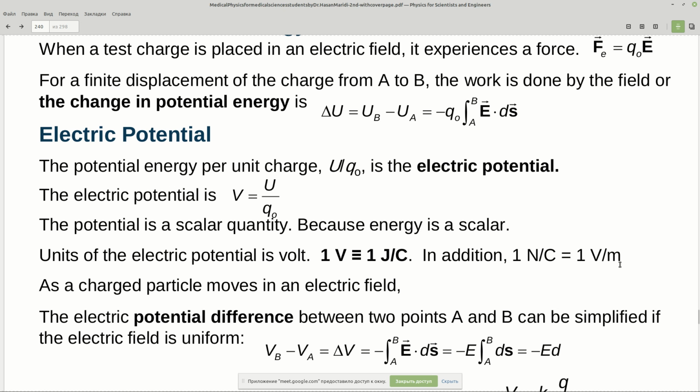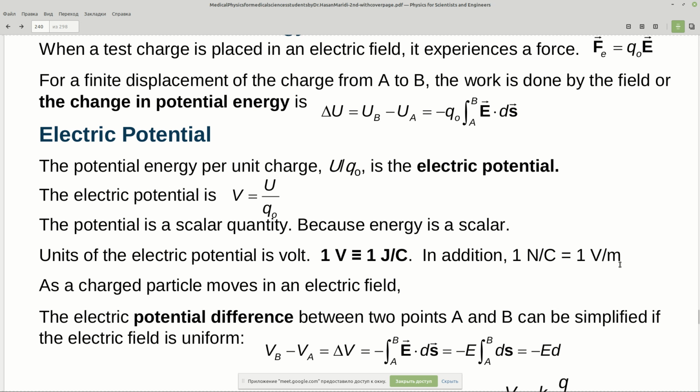The capacitance of a capacitor is defined as the ratio of the magnitude of the charge on either conductor to the potential difference. The capacitance of a given capacitor is constant. It's a feature of this exact capacitor.